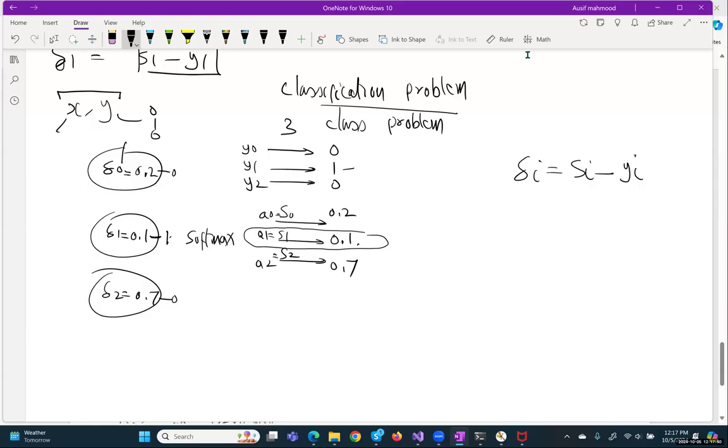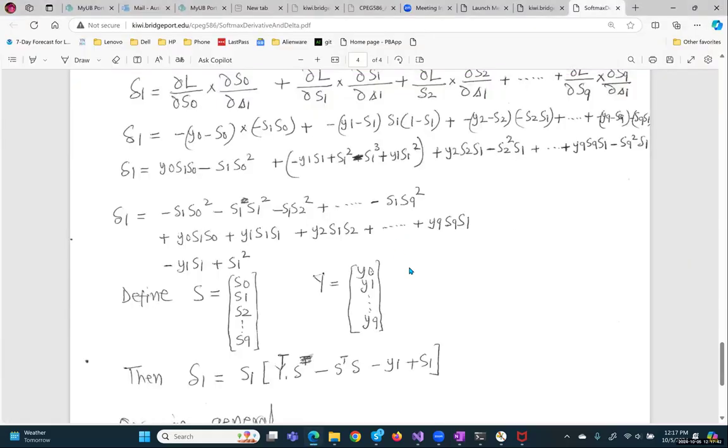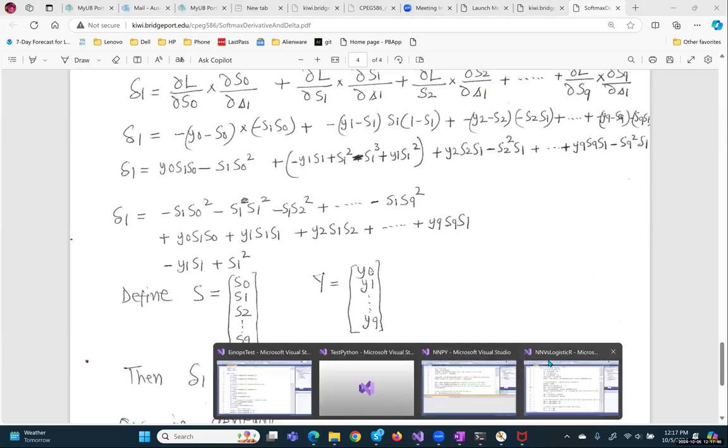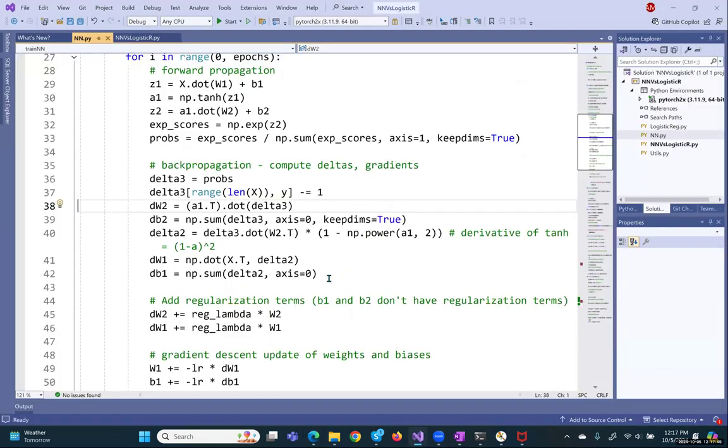Let me see if you can see it in the code as well. Somewhere over here in this code, I said delta 3 and I'm doing something in range and then minus equal to 1. So y obviously is the target.